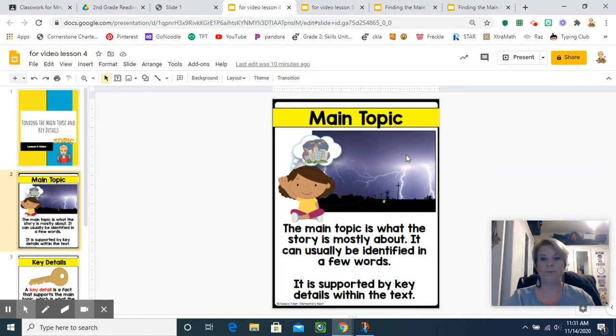For example, this picture looks like a lightning storm or a thunderstorm. So the main topic of this picture would be a storm, and that's just one word. It's supported by key details that are within the text.